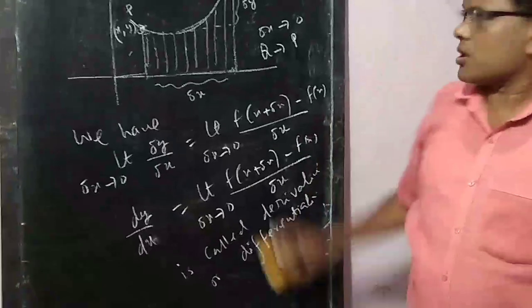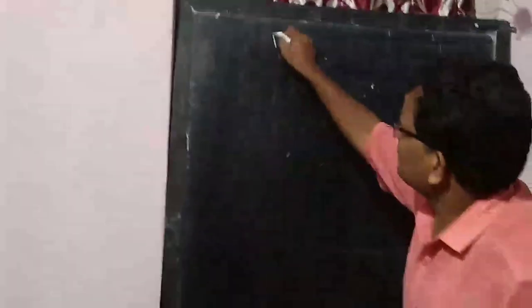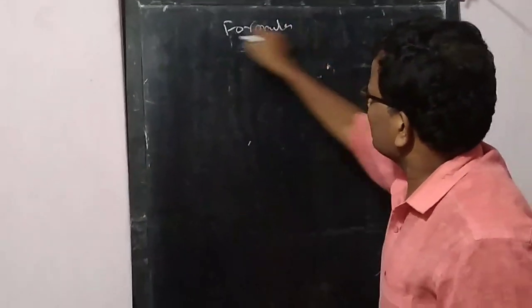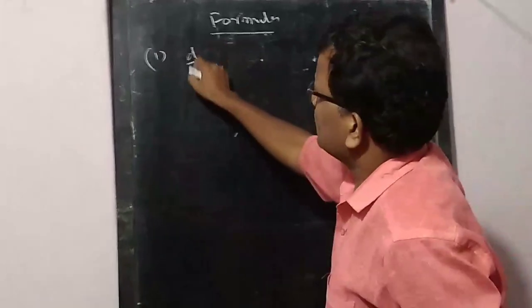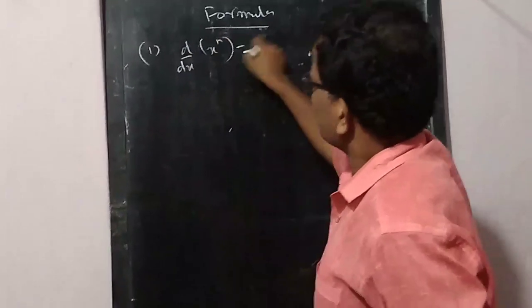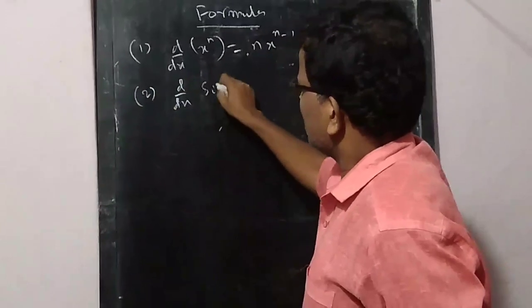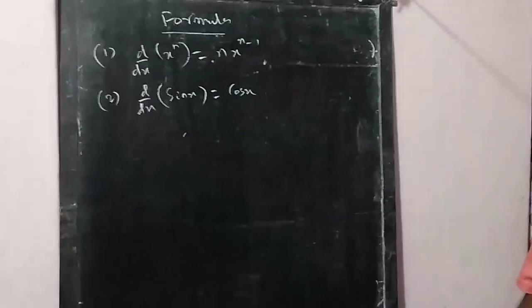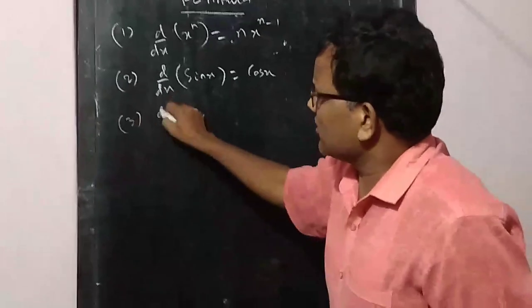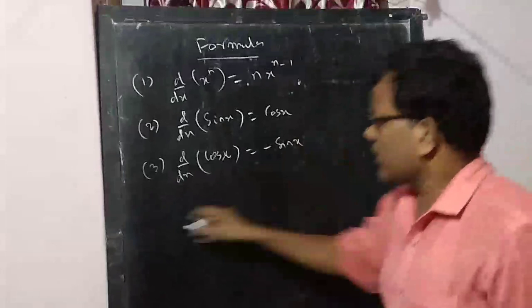Now let us discuss some formulas. One, d by dx of x to the power n is equal to n into x to the power n minus 1. Two, derivative of sin x is cos x. Three, derivative of cos x is minus sin x.